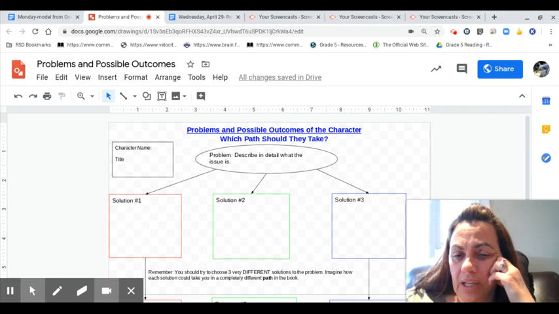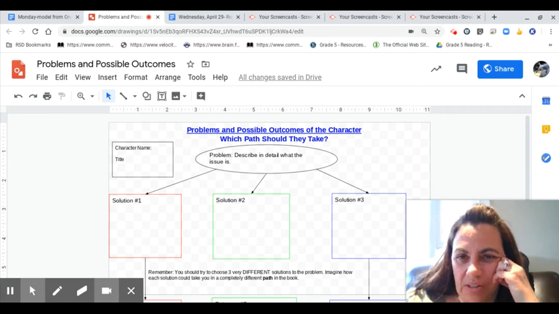So there are three solutions. And I need to come up with, if I were to think about, how is she going to deal with Daniel with the situation about him not being the greatest basketball player?